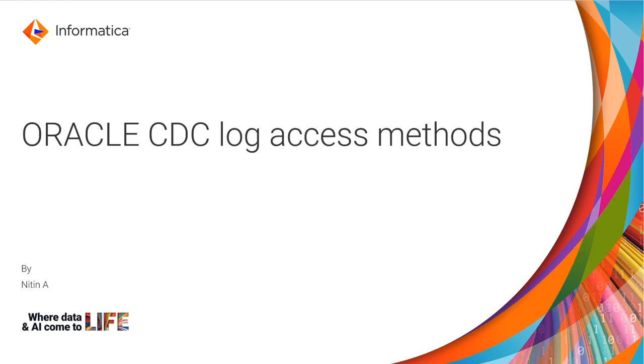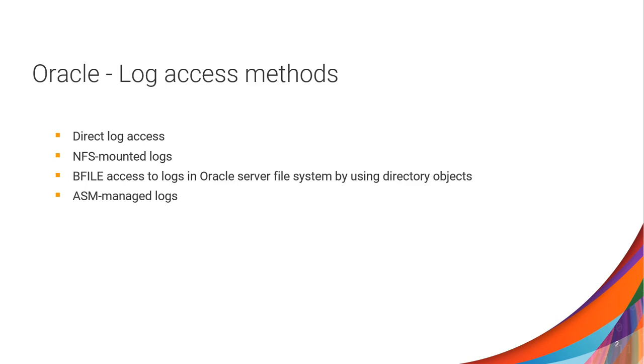I am Nitin, and in this video we shall understand Oracle CDC log access methods with relevance to database ingestion and replication product. The types of Oracle log access methods are: direct log access, NFS-mounted logs, BFILE access to logs in the Oracle server file system by using directory objects, and ASM managed logs.